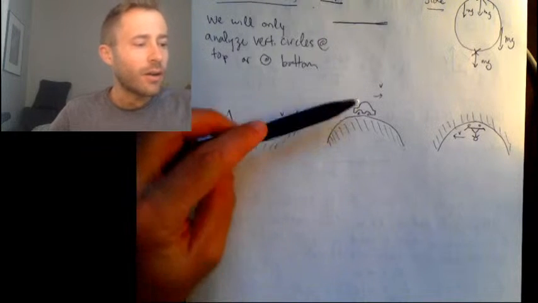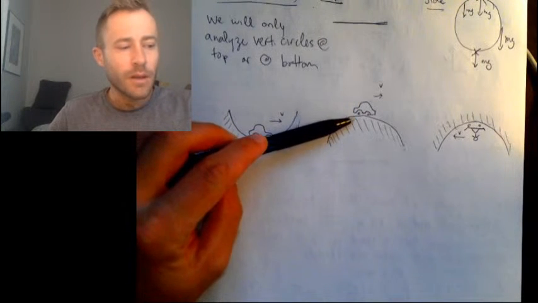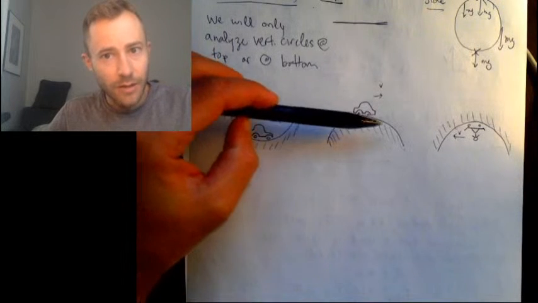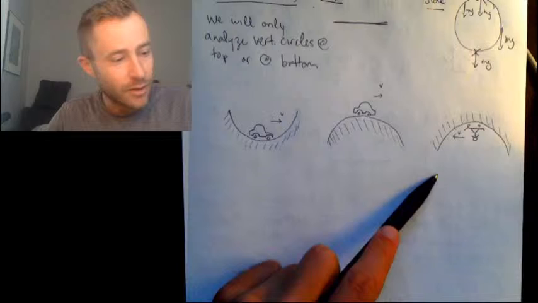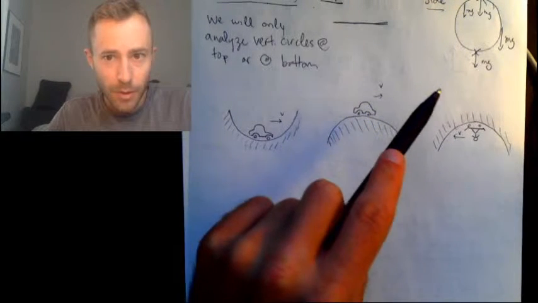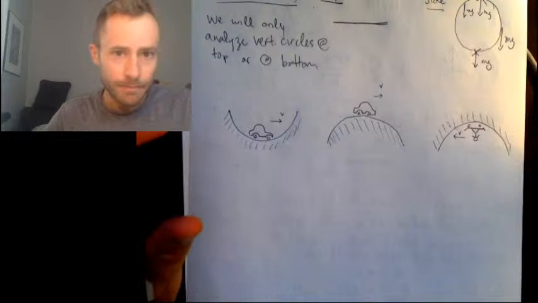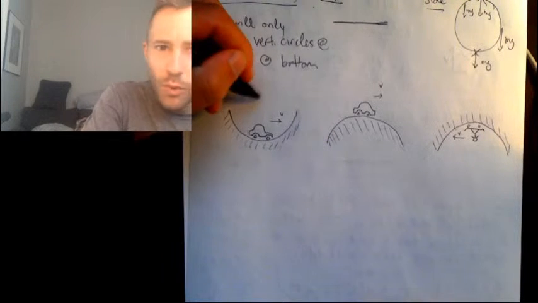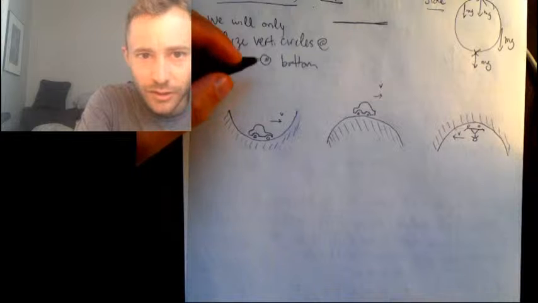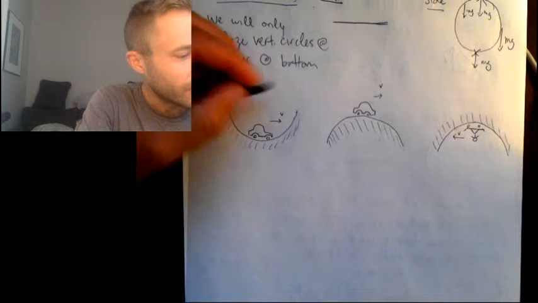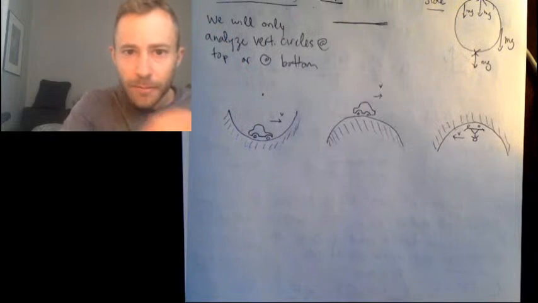We've got a car that is at the top of a hill, and then our third scenario is a skateboarder who's doing a loop-de-loop. Now, if we think about where the center of the circle is in each of these cases, in this case, the center of the circle is right here.